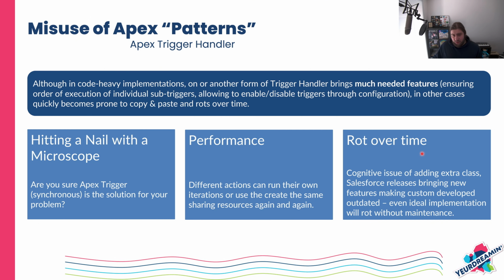If you're implementing it for quite a while, coherence between those sub-triggers or trigger actions or whatever you want to call them is going down. They might be using exactly the same resources, gathering exactly the same collections, and they can iterate over the same collection over and over again, which would hit your performance very drastically.